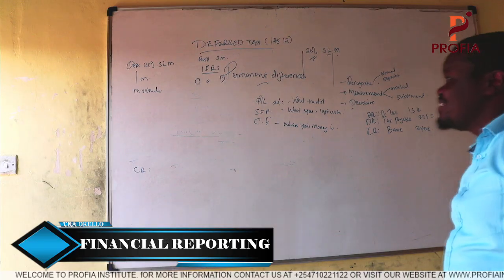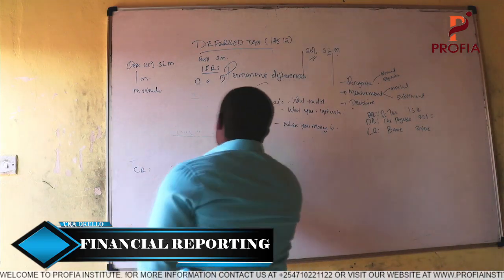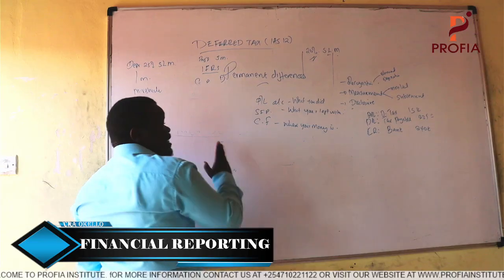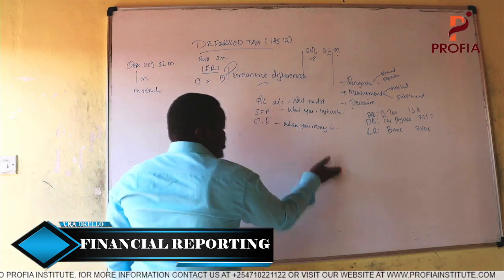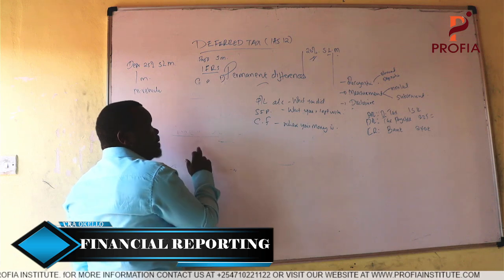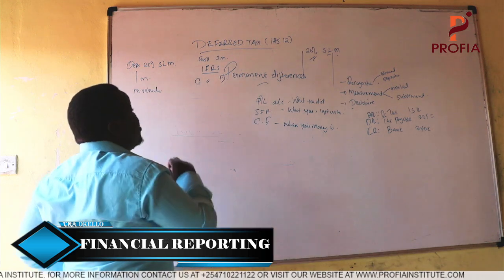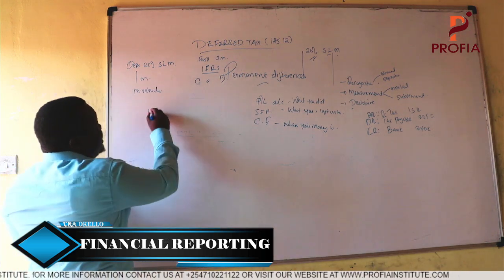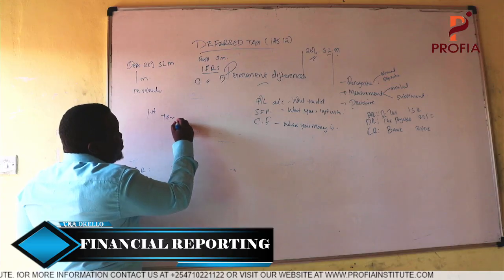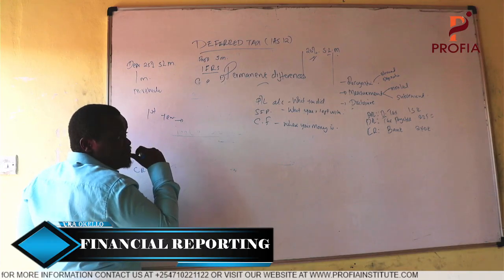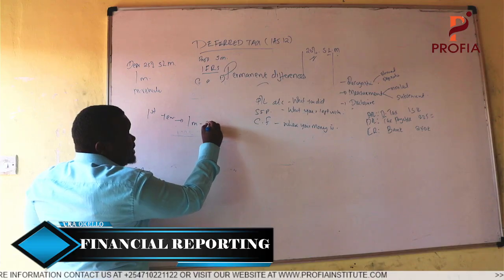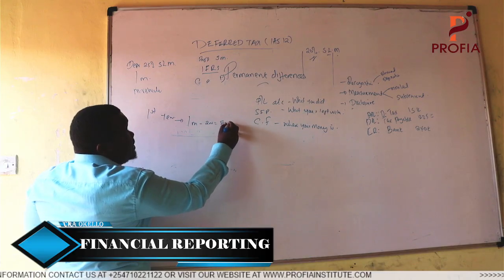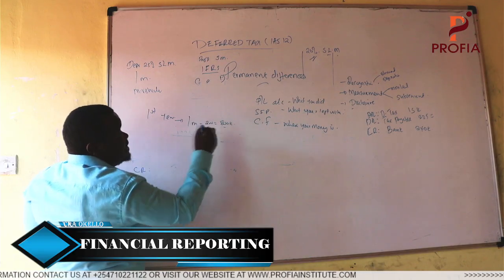But I would say this: if I was to prepare my SFP using IFRS and my SFP using KRA modes, now I'm going to go to vehicle. For example, in the first year, what is the net book value? 1 million minus 200,000, which is 800,000.